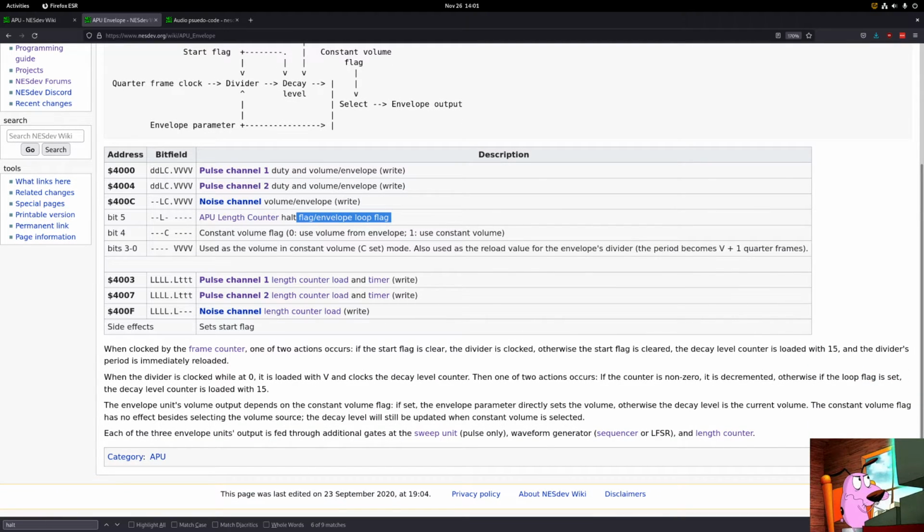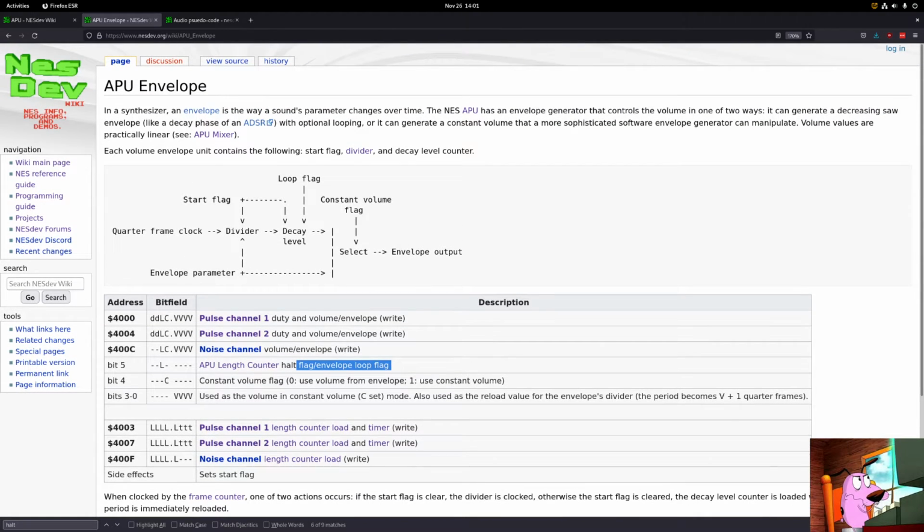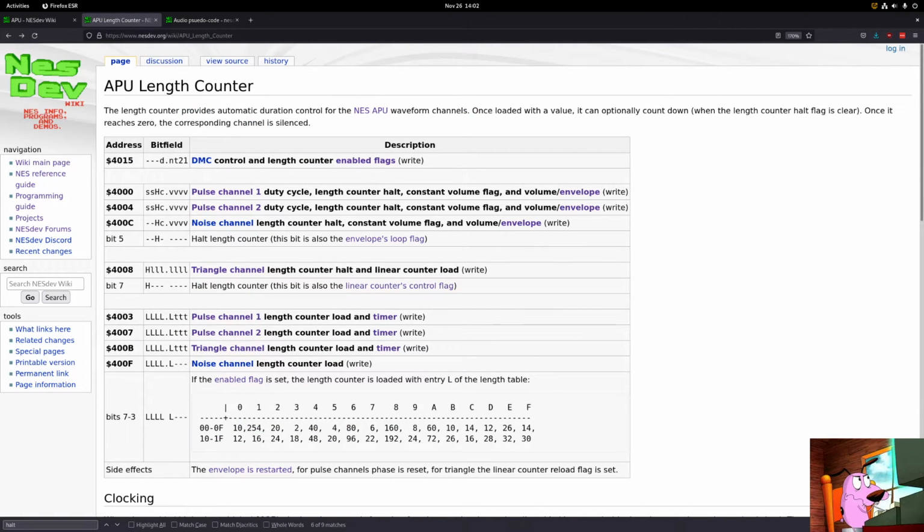What does that do? With optional looping. So it just tells you whether to loop or not?